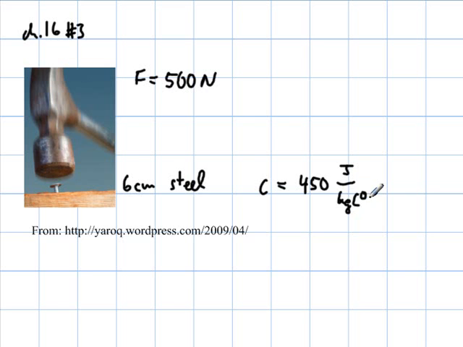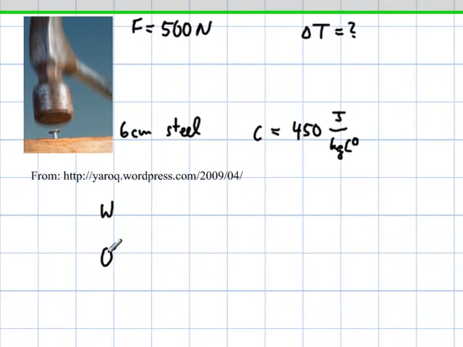Okay, let's see. The original question was calculate its increase in temperature. So they're asking by how much does the temperature increase. Well, what I'm doing here is I exert a certain amount of work, and that will be transferred into heat.